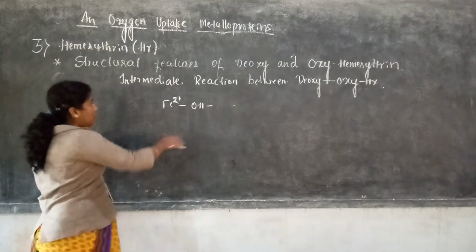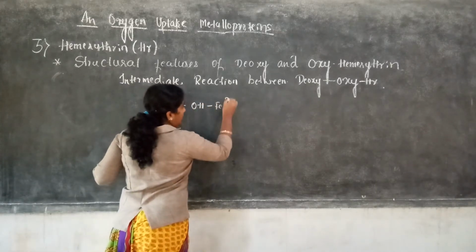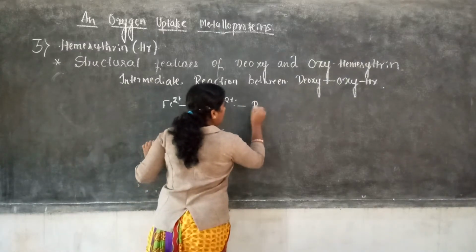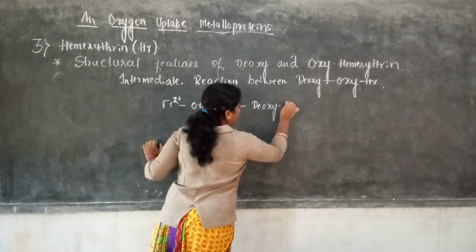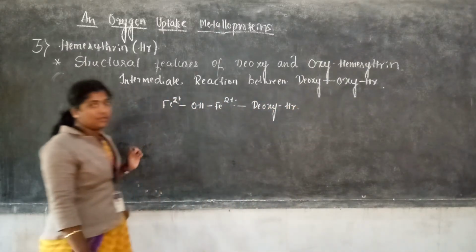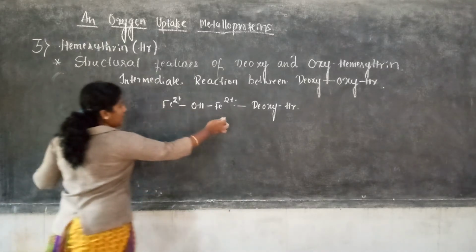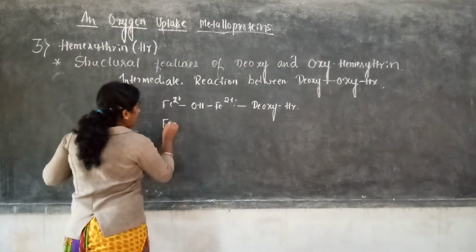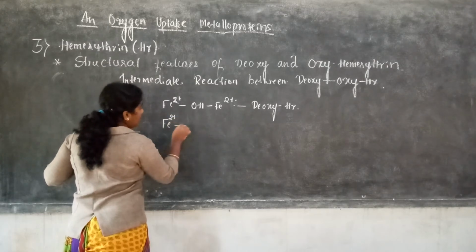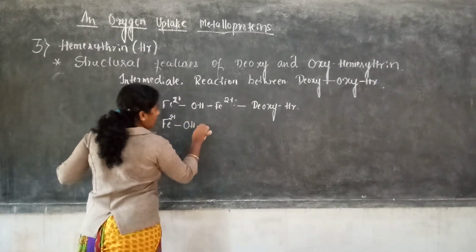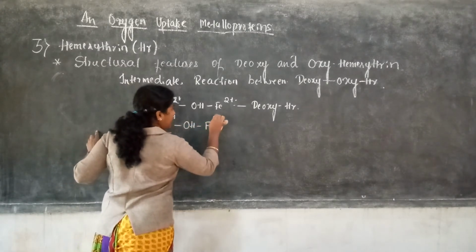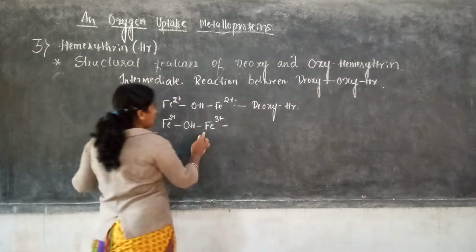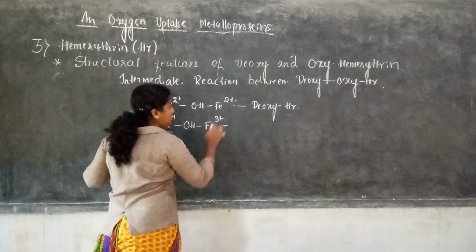In the deoxy form of hemerythrin, both irons are in the +2 oxidation state. Then OH, then Fe3+. First, conversion of one Fe2+ to Fe3+.